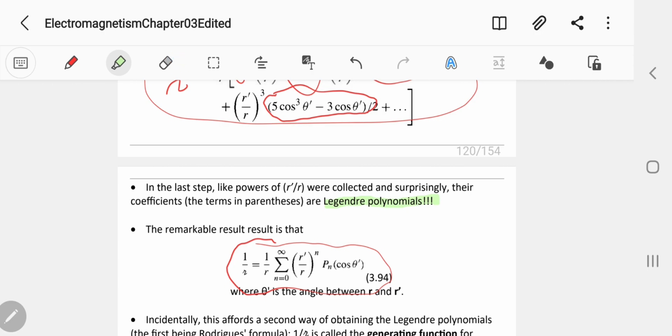Let's erase this so that you can clearly see it.